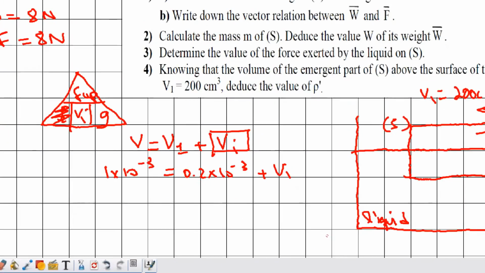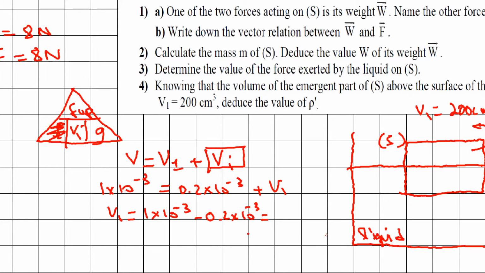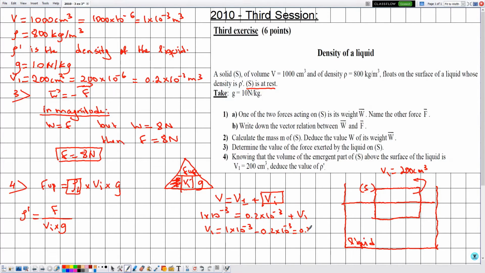What's the type of this equation? This is a linear equation with one unknown. How do we solve this equation? We put the unknown on one side and all the other numbers on the other side. Then Vi is given by 1 times 10 to the power minus 3 minus 0.2 times 10 to the power minus 3. Plugging this on the calculator, it will give us 0.8 times 10 to the power minus 3.